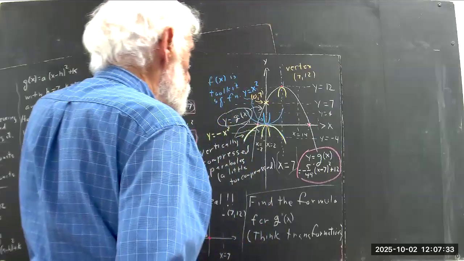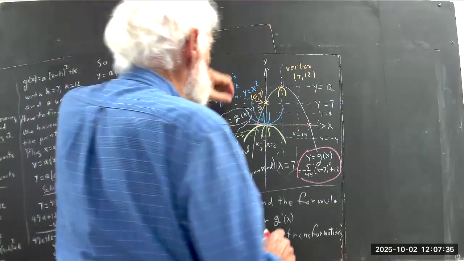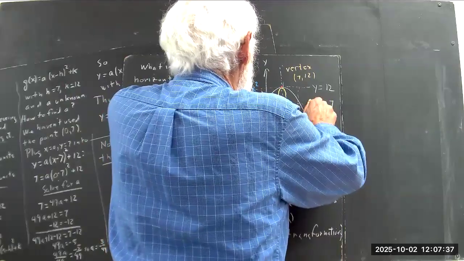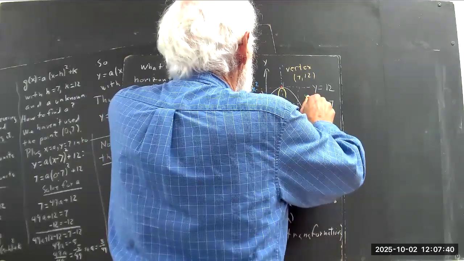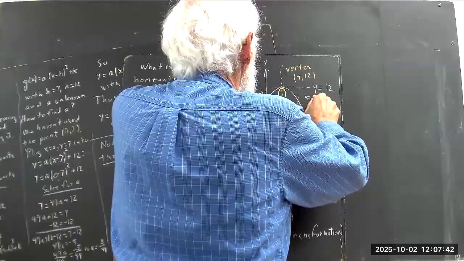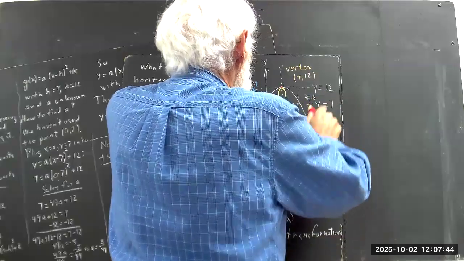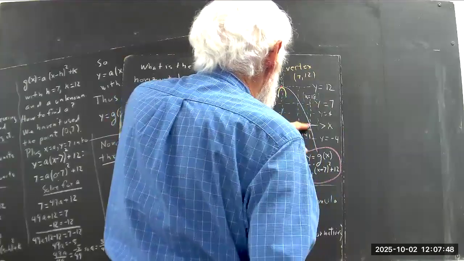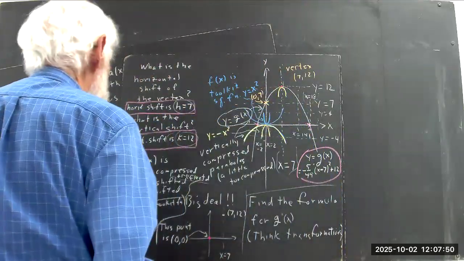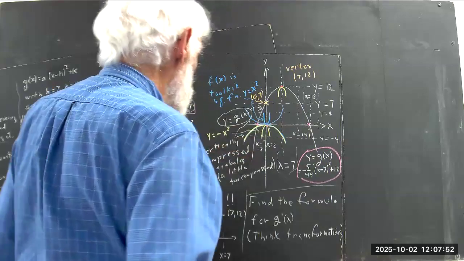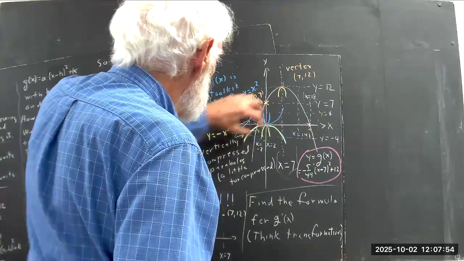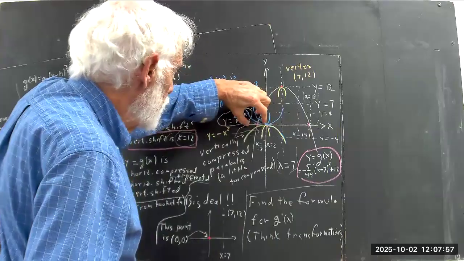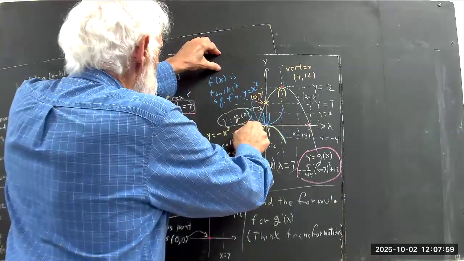It looks like it's a little closer to 21, so I'm going to say that this is x equals 18. This line right here. So that point is 18, 0. This point over here, well, if x is 7 here, I go back 7 units, it would be about here.